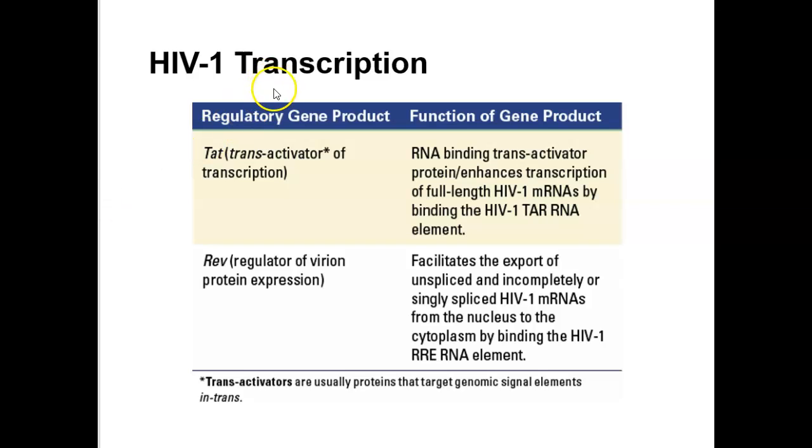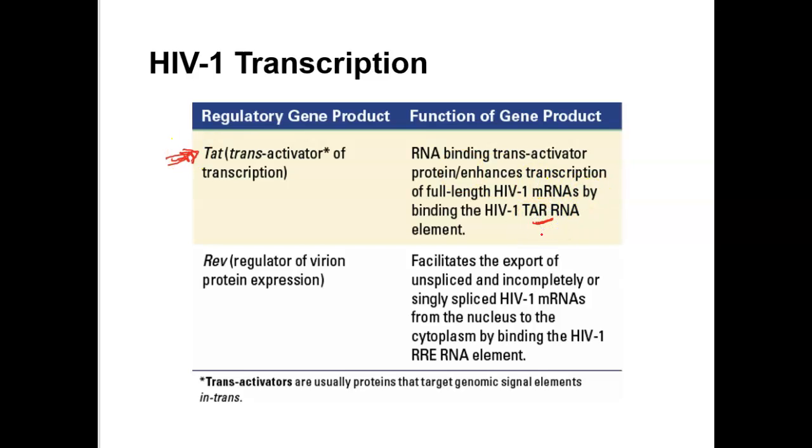So in order to have efficient transcription, we need a couple regulatory proteins. The first one that we're going to talk about is TAT, or the trans-activator of transcription. So TAT is really important. It binds to TAR.